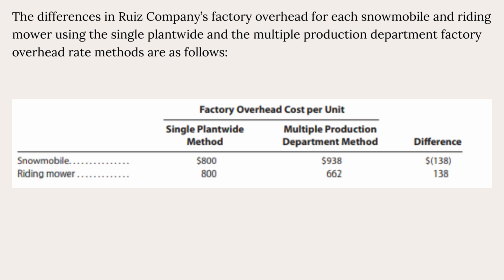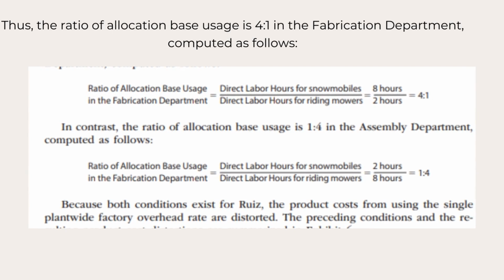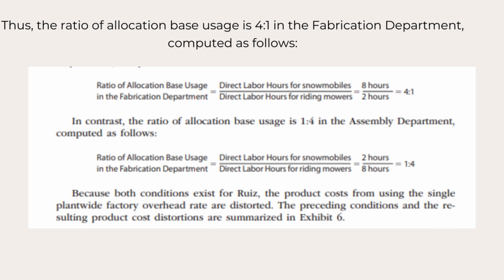We have the factory overhead cost per unit under the single plant-wide method compared with the multiple production department method for the two products, snowmobile and riding mower. Under the single plant-wide method, we have $800, and since it uses only one rate, the riding mower also has $800 factory overhead cost per unit.